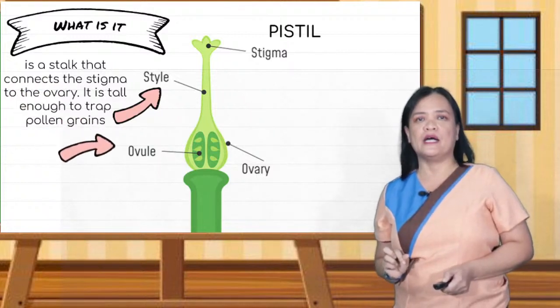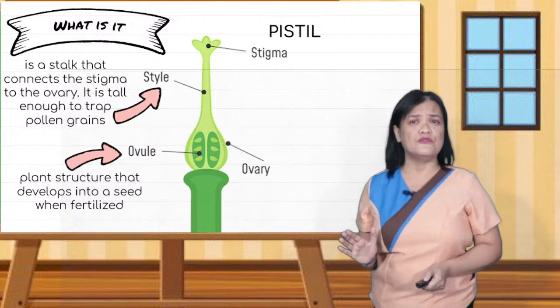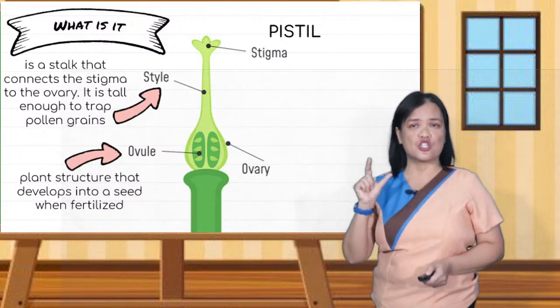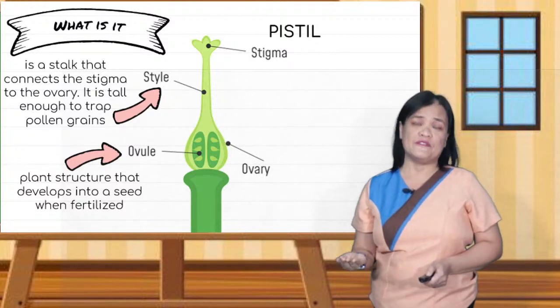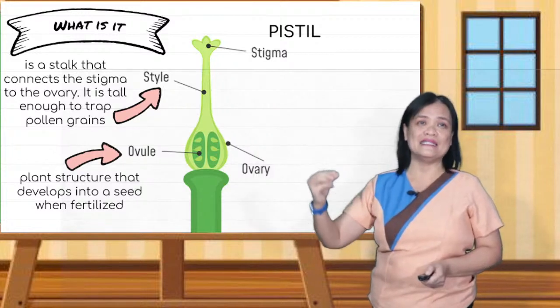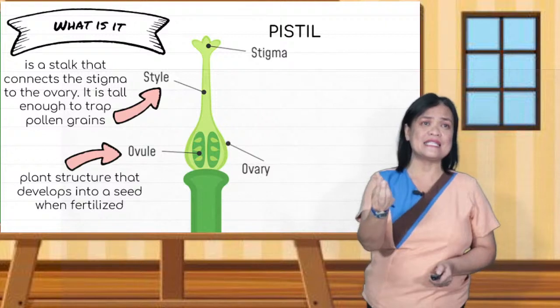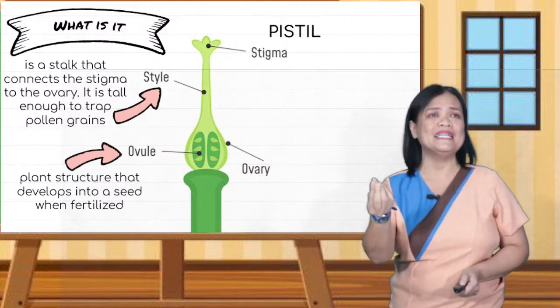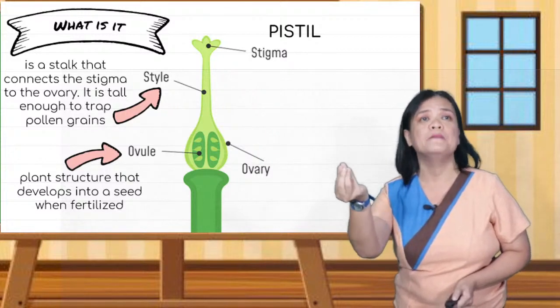The next part of the pistil is the ovule. The ovule is a plant structure that develops into a seed when fertilized. That will become the seed and create new plants that come from the ovule.